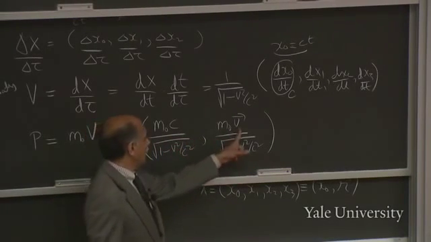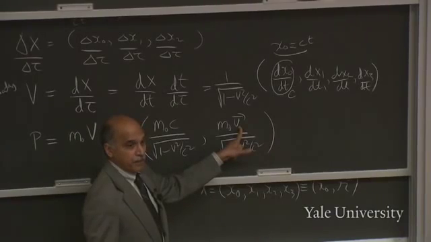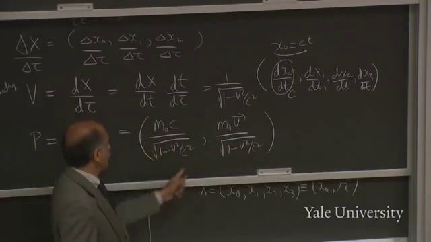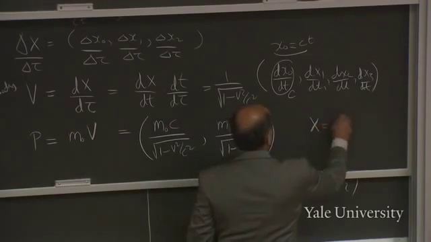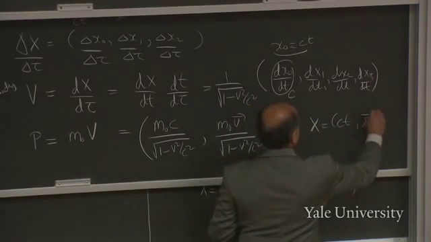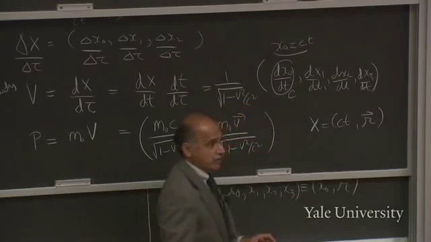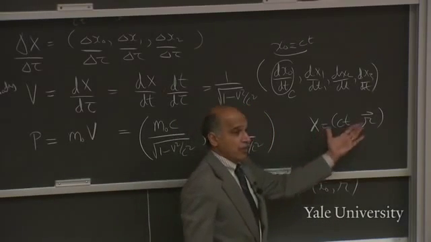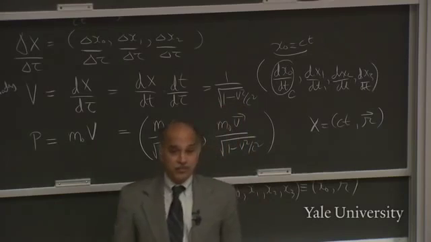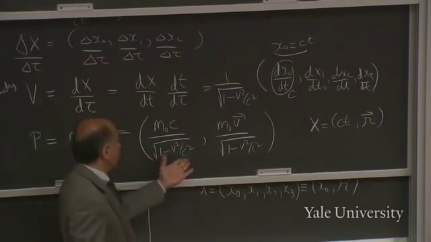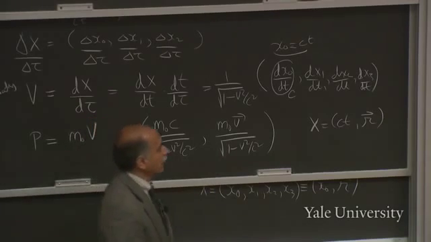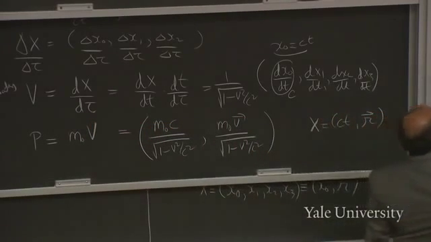It's got a part that looks like an ordinary vector, and it's got a part that has no vectors in it. Completely in analogy with the fact that x had a part that looked like a vector, namely the 3 spatial components, and a part that in the old days was called a scalar because it didn't transform. But of course, in the new world, everything got mixed up. We got to know who this is, and we have to know who this is. So I want to show you what they are.